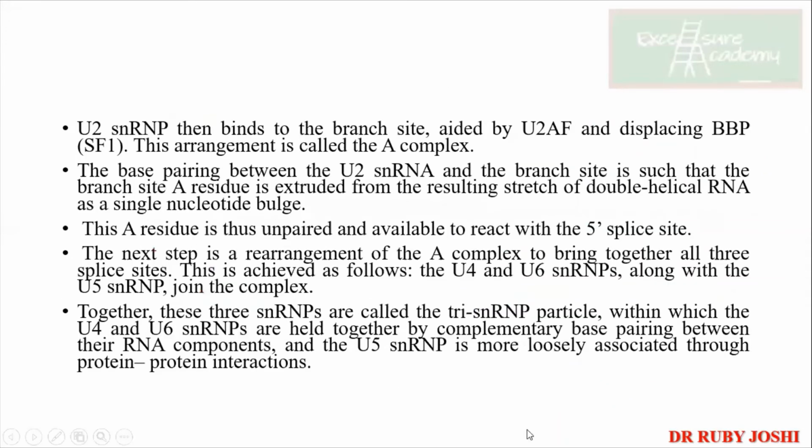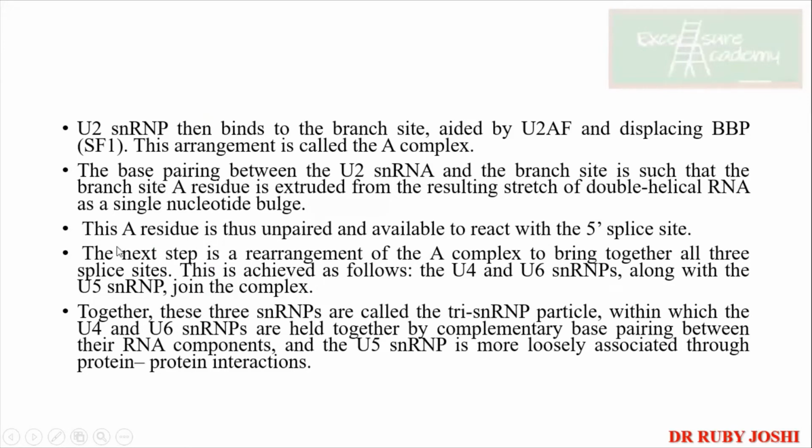Okay. Now those three snRNPs are known as the tri-snRNP particle. Obviously, right? There are three particles: 4, 5, 6. Now out of which 4 and 6 are held together by complementary base pairing, and 5 is more loosely associated through protein-protein interactions.